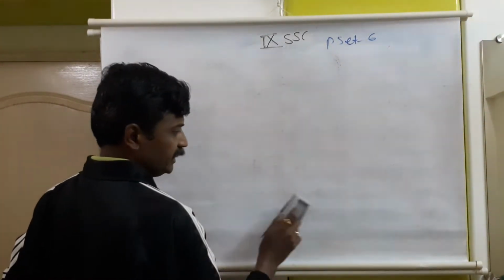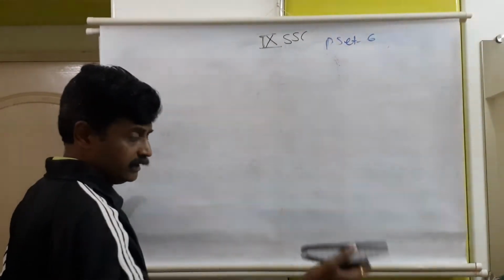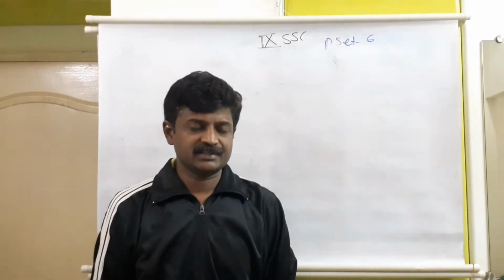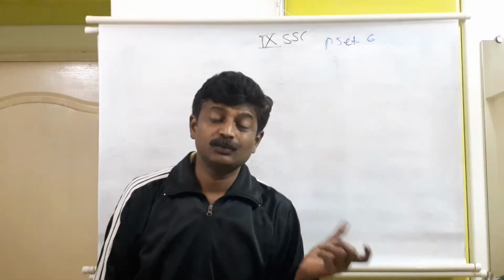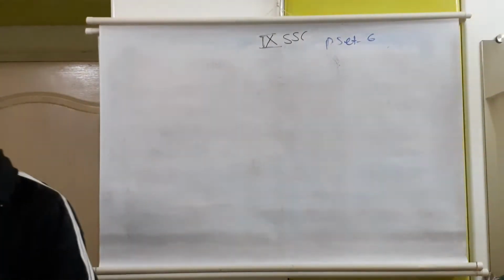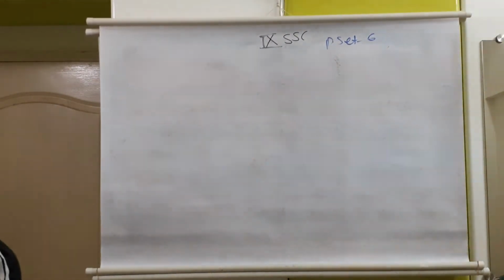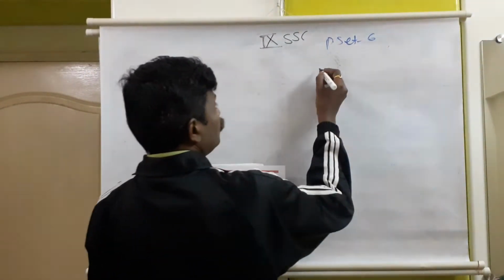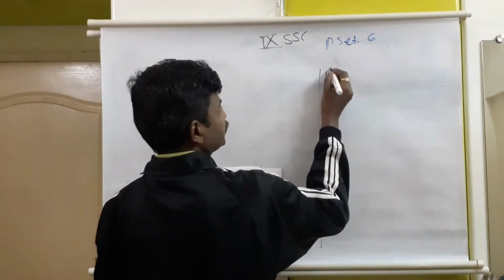In one case so much amount was invested and that is the return. In another case this much amount was invested and this is the return. In which deal your family has more profit, you can find out in that way also. So I hope you study it. Let us continue with sum number 4 of problem set number 6.